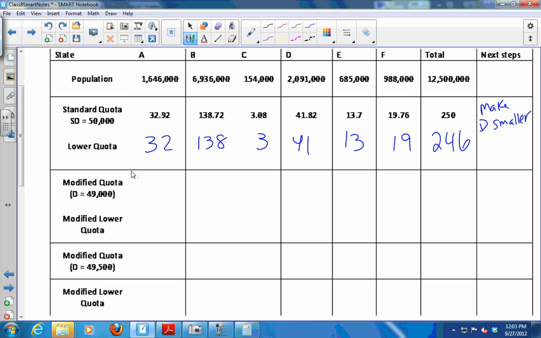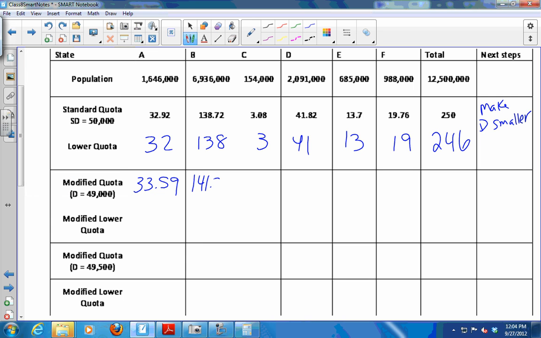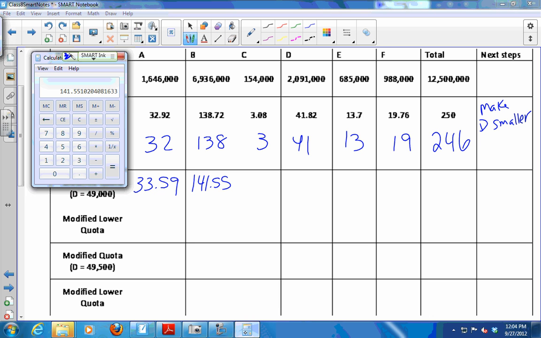So 33.59. Are we allowed to round? 6,936 divided by 49,000. So now I have 141.55. And 3.14.